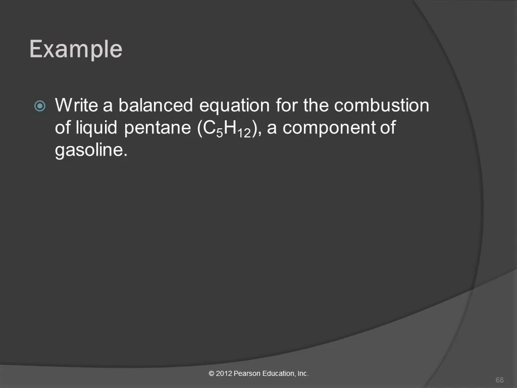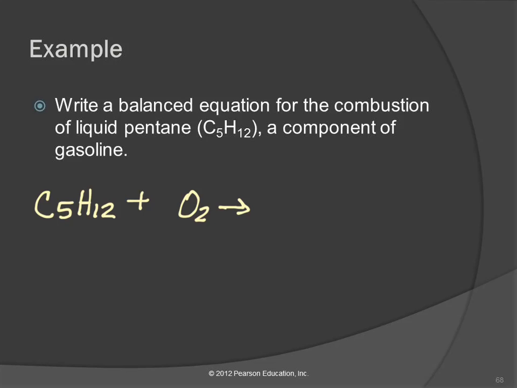So we can predict the products and write a balanced equation because we know that the products of a combustion reaction, if you just have carbon and hydrogen or oxygen, are going to be CO2 and water. So here we have pentane, C5H12, and combustion. Combustion means reacting with oxygen.